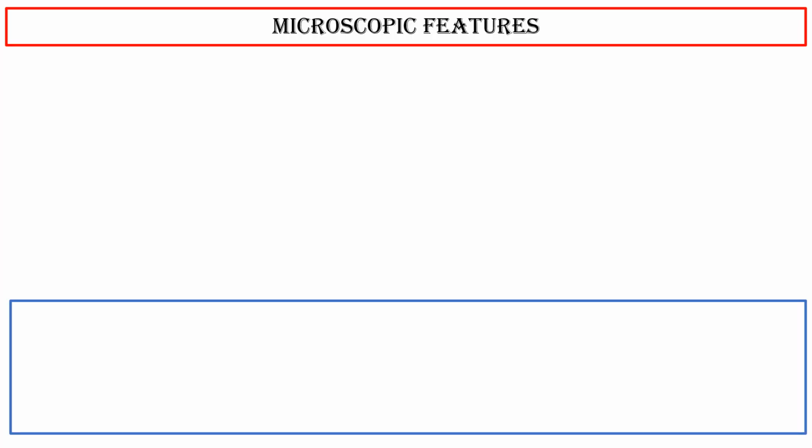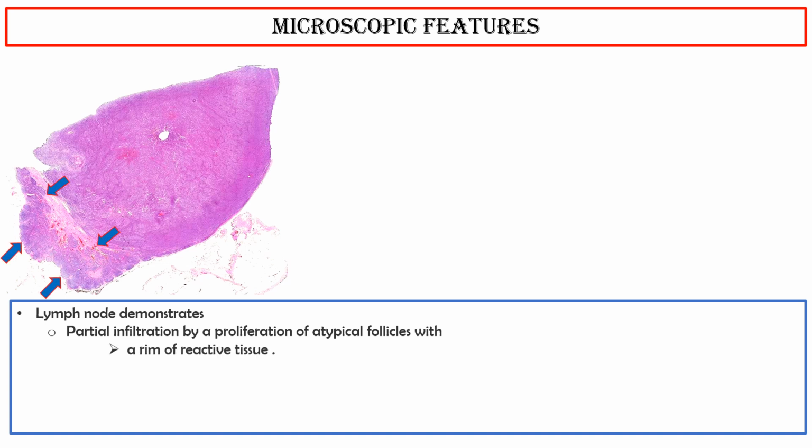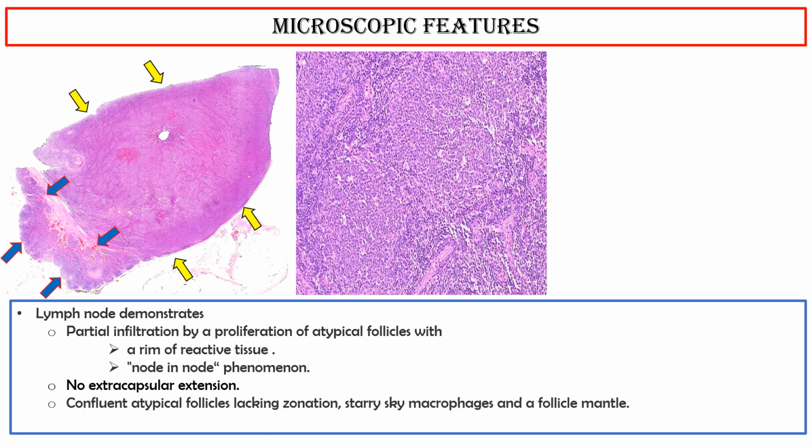Microscopic features. Lymph node demonstrates partial infiltration by a proliferation of atypical follicles with a rim of reactive lymphoid tissue, node-in-node phenomenon, no extracapsular extension, confluent atypical follicles, lacking zonation, starry sky macrophages, and a follicle mantle.